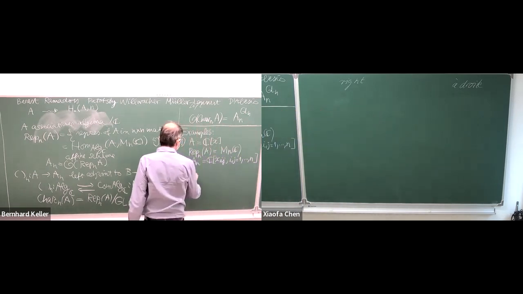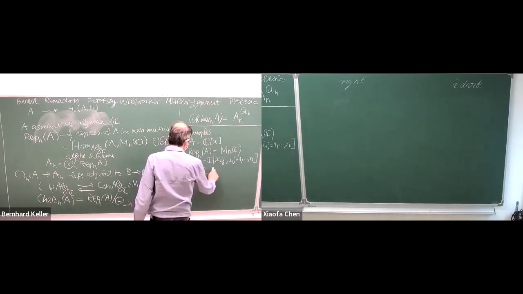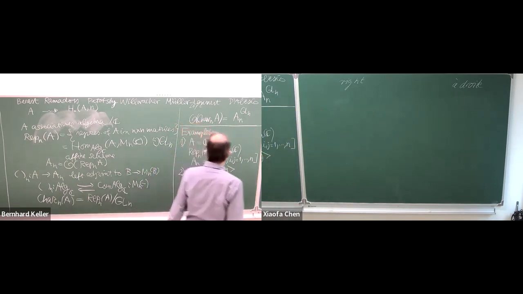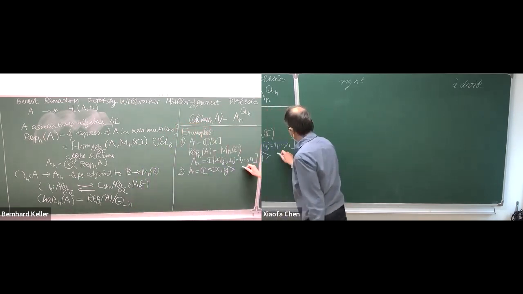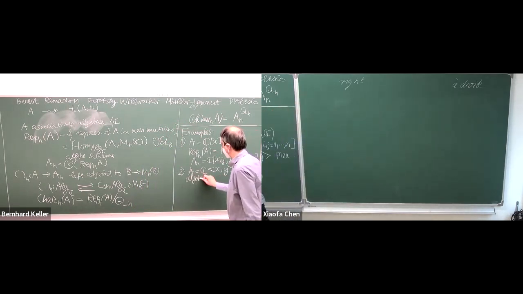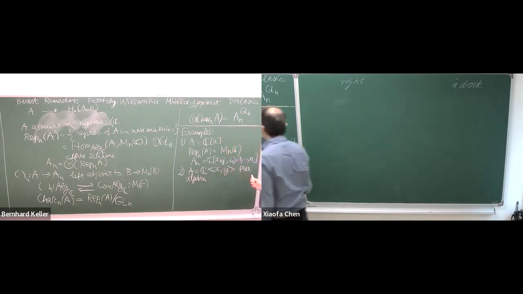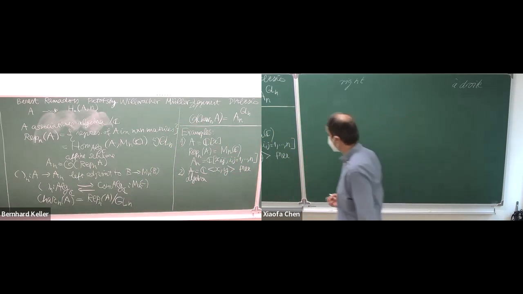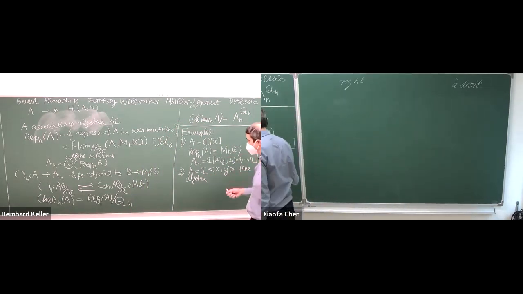Okay, this is the first example. Then the second example, which is a generalization of it, is the free algebra with two generators, generated by x and y. So you take linear combinations of words in x and y, like xyx or so.